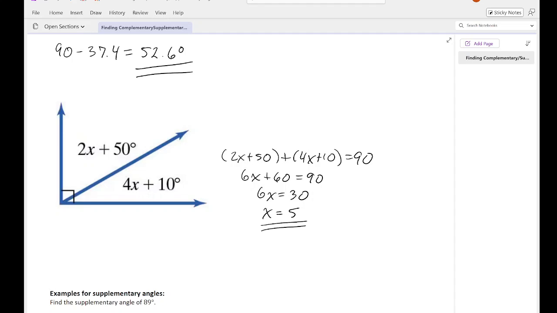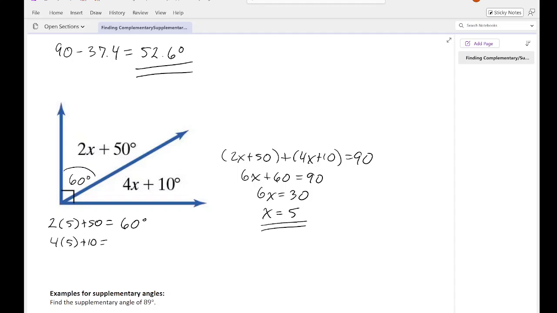So let's do the first one. 2 times 5 plus 50. Just do the arithmetic there. You're going to end up getting 60 degrees. So this is 60 degrees. Now I'm going to do this one. 4 times 5 plus 10.